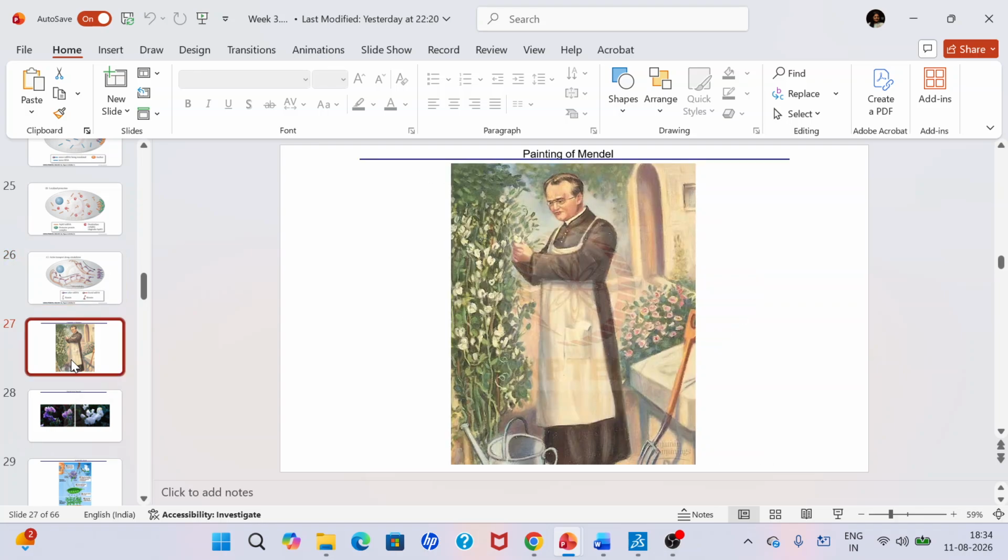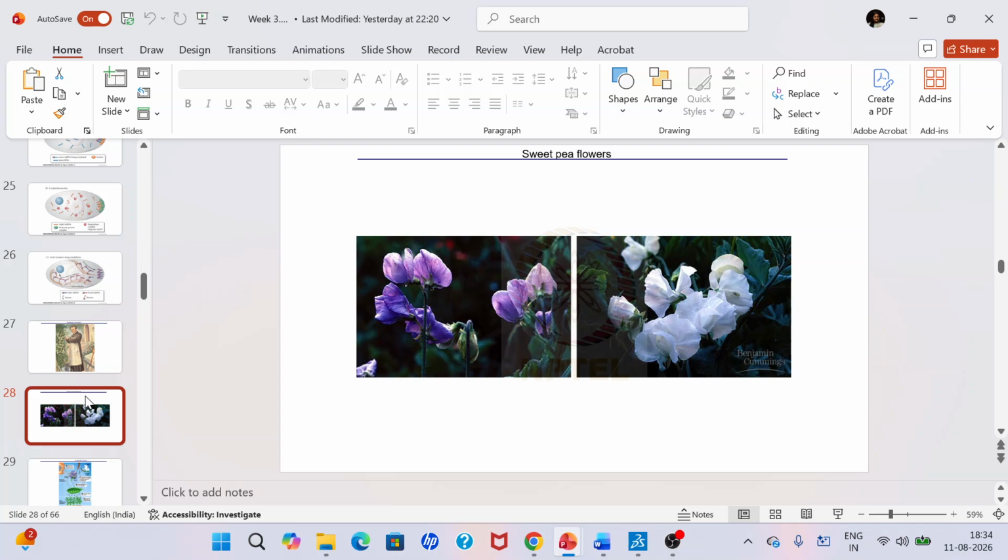Now we come to genetics, in molecular biology and developmental biology everywhere, because this is what general genetics is. So the father of genetics is called Gregor Mendel. It is the picture of that famous scientist. So Gregor Mendel started his experiments on sweet pea flowers.